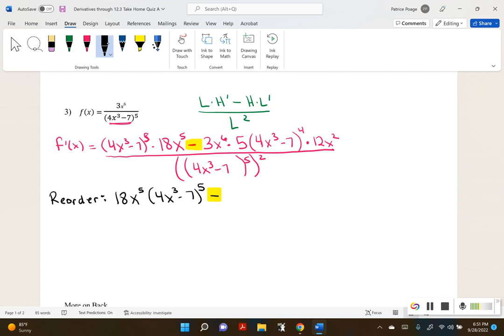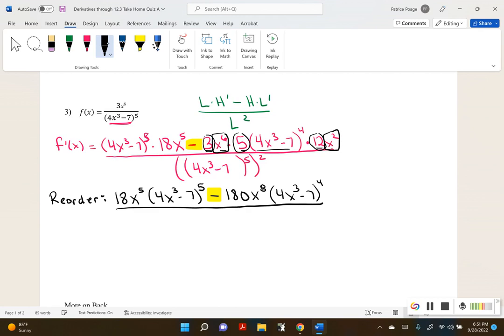And then on the right side, I've got a bunch of stuff being multiplied together. So I'm going to take my numbers, 3 times 5 times 12, and if I multiply those, I get 180. Then here we have x to the 6 times x squared. That's going to be x to the 6 plus 2, or 8. And then we have an ugly term. We have 4 ugly terms, actually.